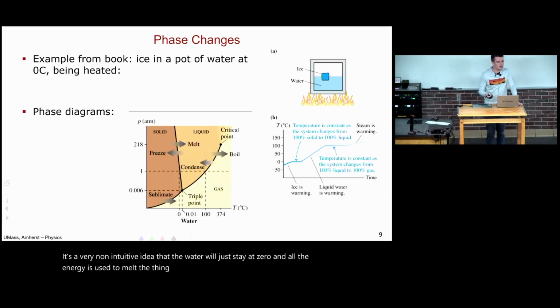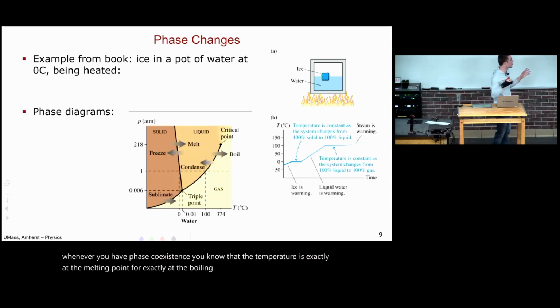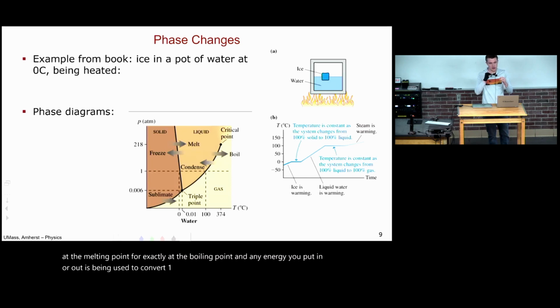So this is called phase coexistence, and whenever you have phase coexistence, you know that the temperature is exactly at the melting point or exactly at the boiling point. Any energy you put in or out is being used to convert one phase to another rather than heat something's temperature up. Okay?